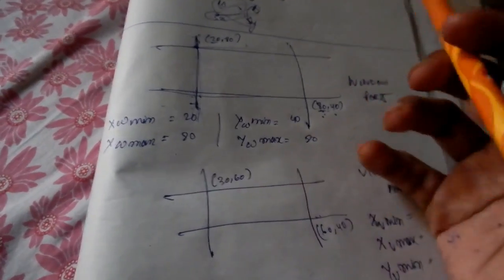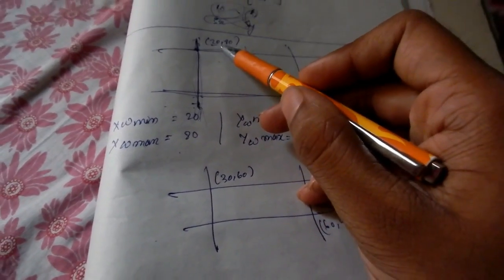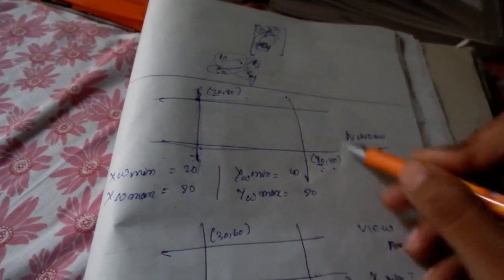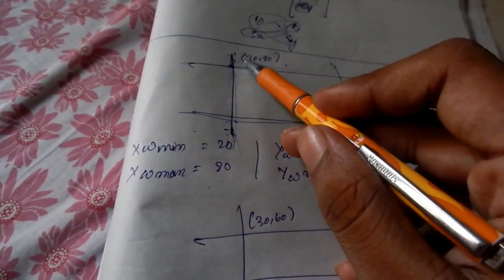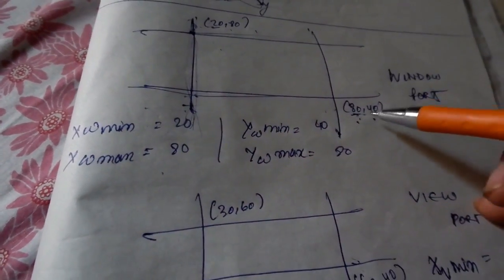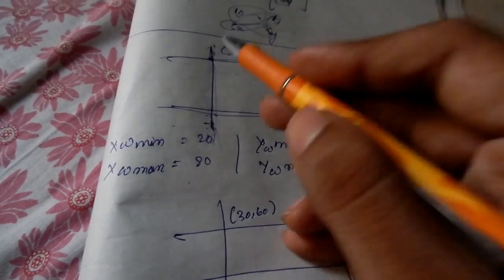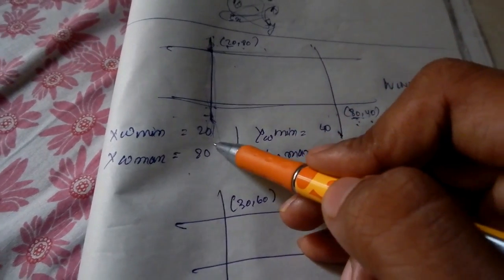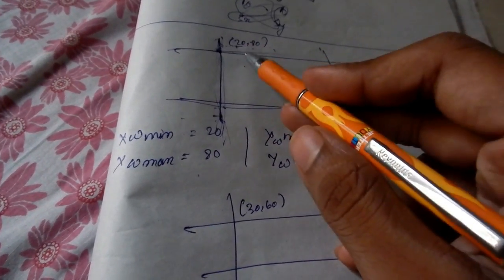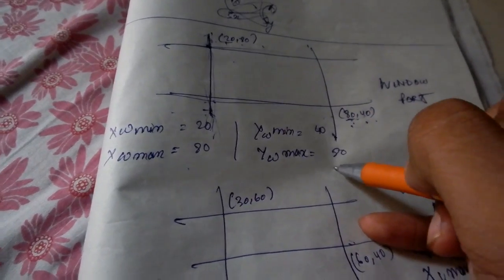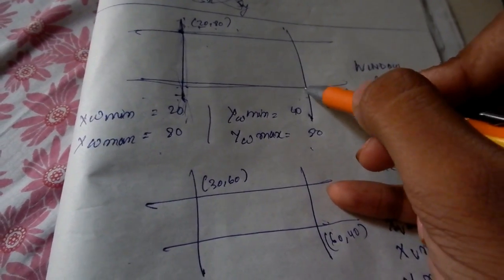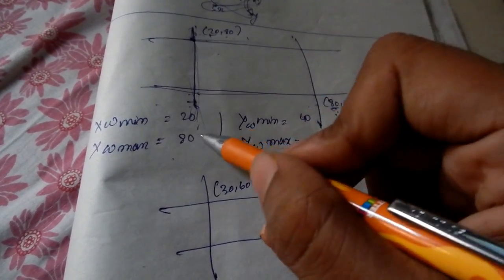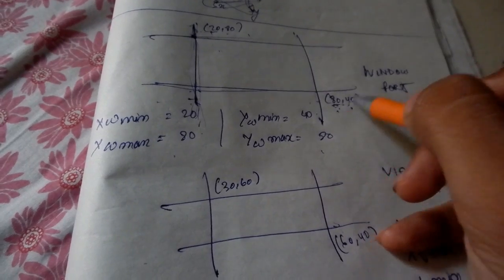Let's solve the problem. The upper left corner of the window is 20,80 and the lower right corner is 80,40. Considering the first value is x and the second is y, xw min is 20 and yw max is 80, xw max will be 80 and yw min will be 40.